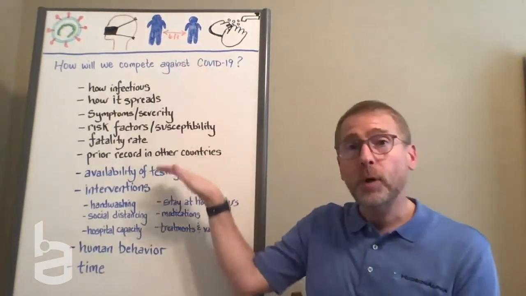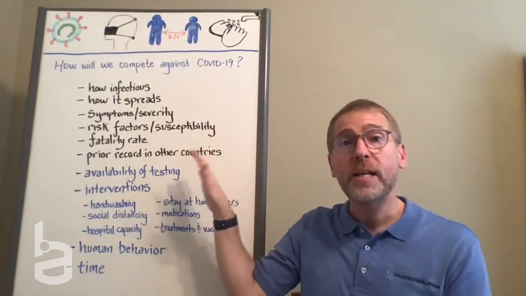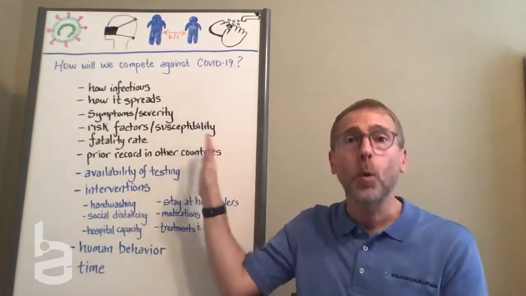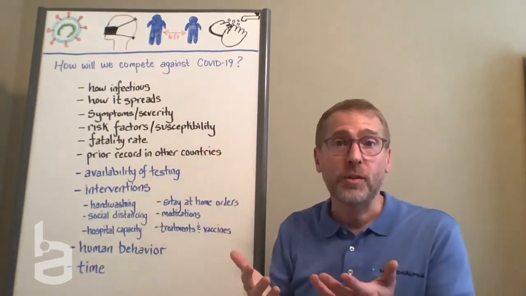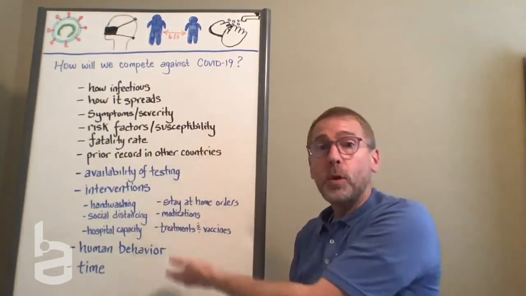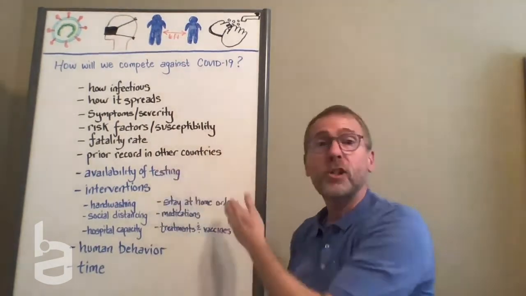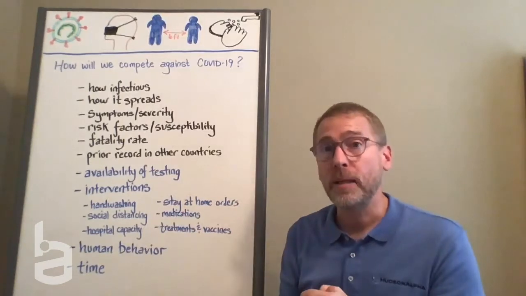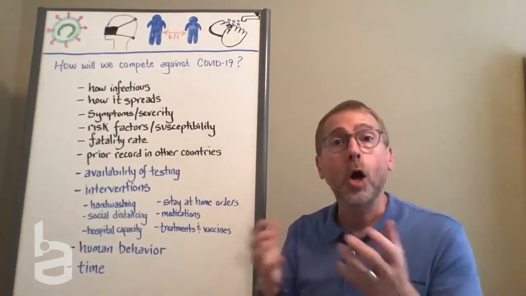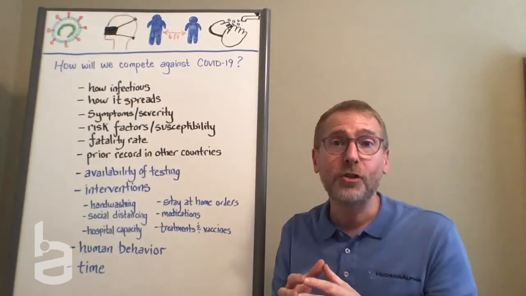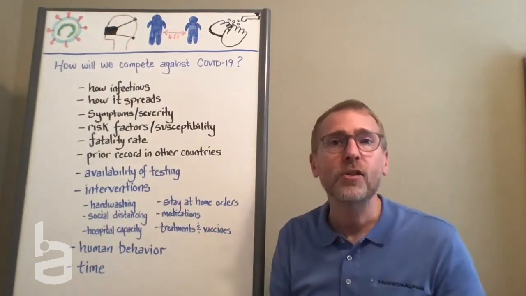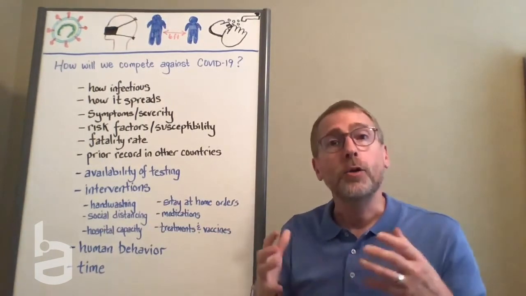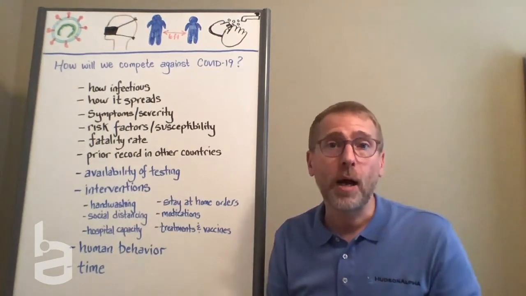So different people can build a model based on what they know and how they weight the importance of these and then make predictions. And then as we move through the pandemic, there's additional data that we can incorporate in. Is testing widely available? Is testing accurate? Are people following the appropriate interventions like washing your hands and maintaining social distancing? Do we have a capacity in our hospitals?